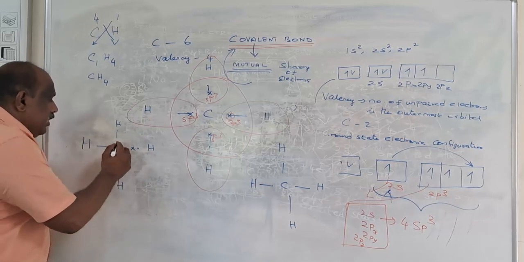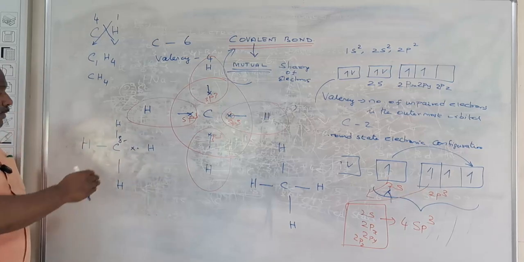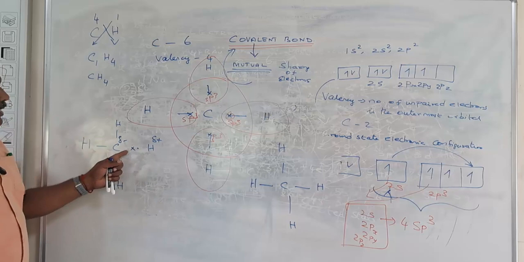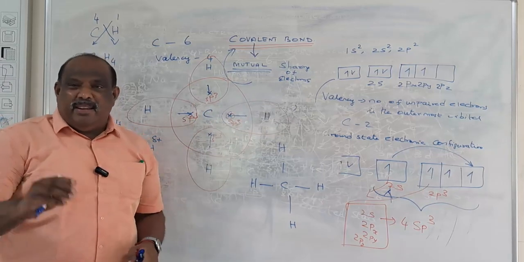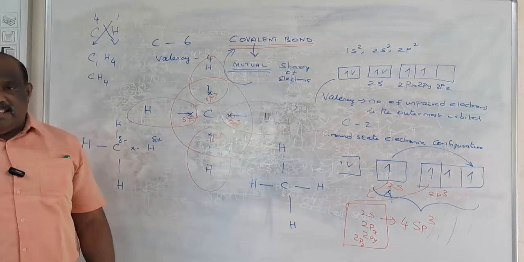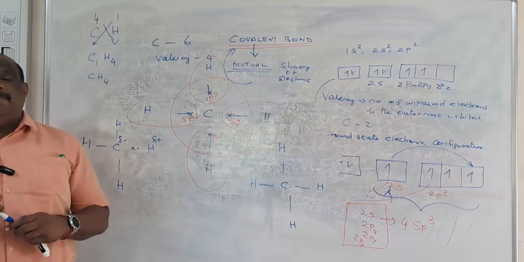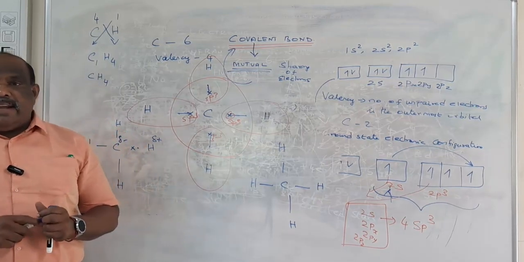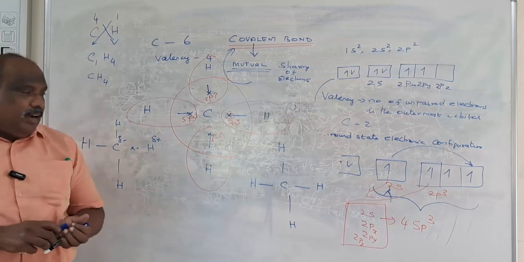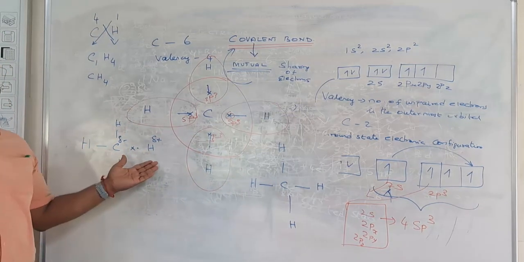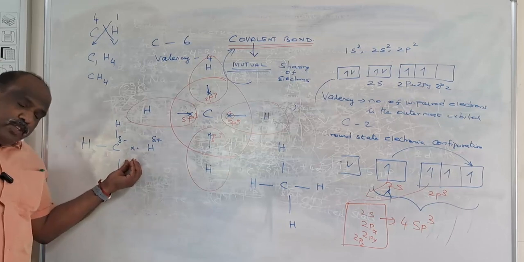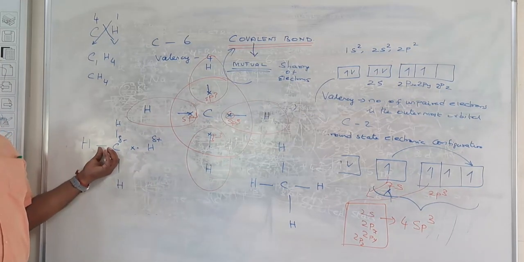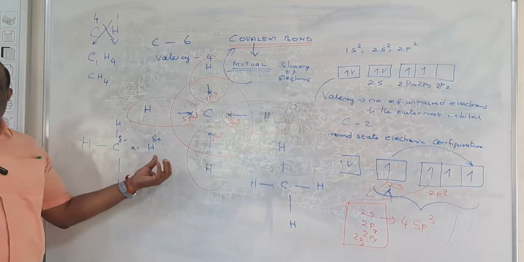So when it's attracting the electron, it becomes delta minus. When it's leaving the electron, it becomes delta plus. But this delta plus is not like sodium and chlorine. It's very, very less. This character is called ionic character in covalent bond. Even though there is carbon and hydrogen with 2 electrons between them, which should be mutually shared, and the agreement is also there, this carbon fellow is bulky compared to hydrogen.